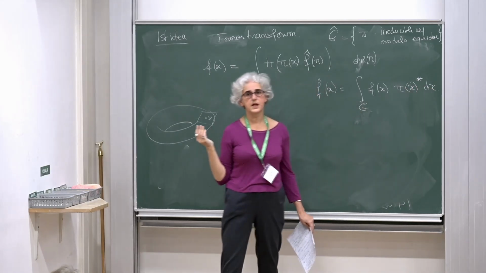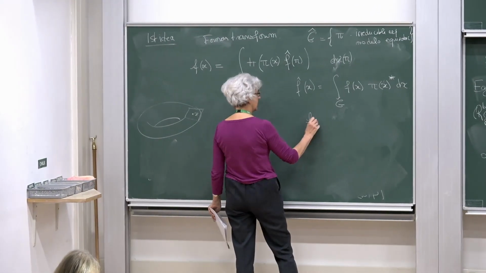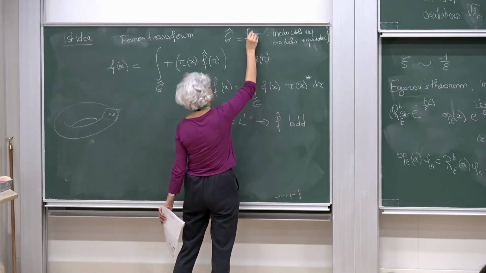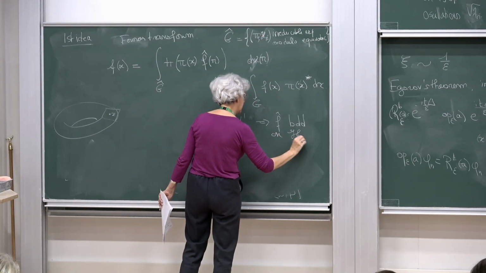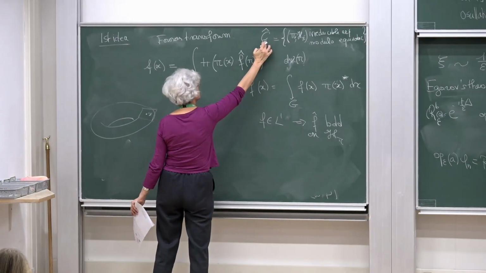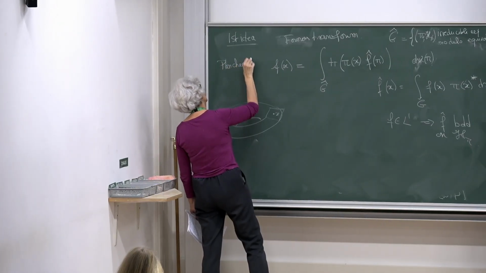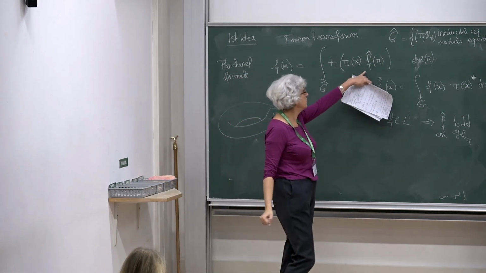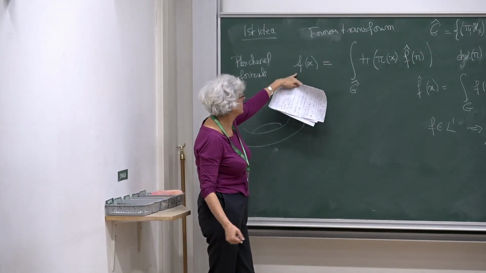So your group is like R^n, its measure is just dx. So if f is in L1, I get a bounded operator on the space of the representation. Okay? So here what I am saying is that there exists a measure on this set G hat. So it's a Plancherel formula. I have written it like an inversion formula: if I know the Fourier transform, and if it's regular enough, I will get back the function.